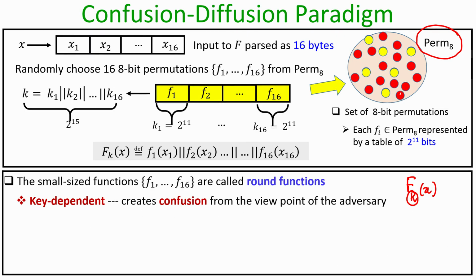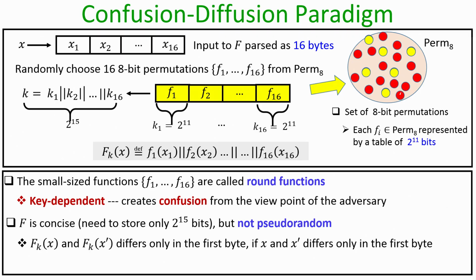So, the adversary will be completely confused or clueless about the value of the key, that means what exactly the 16 round functions are, and hence the adversary cannot predict the value of F_k of x, even if it has seen several values of F_k of x for several x of its choice in the past. So, that creates the confusion aspect in this paradigm.